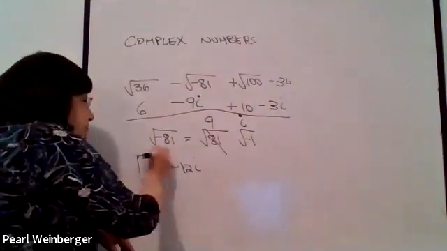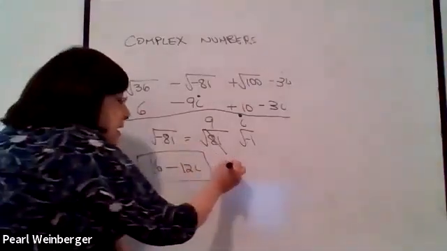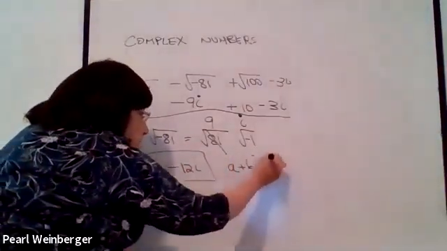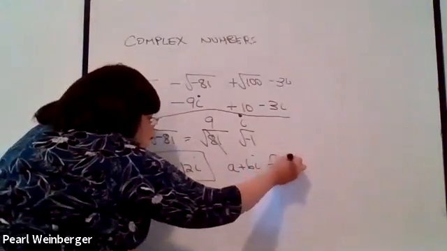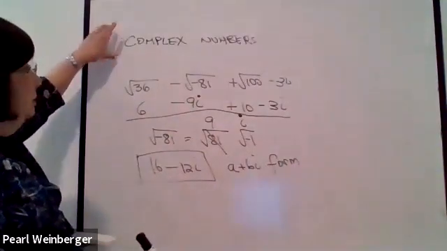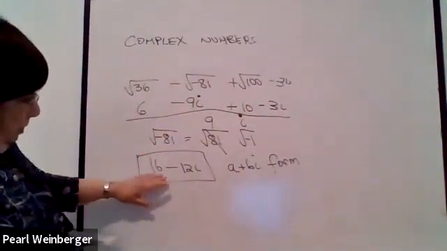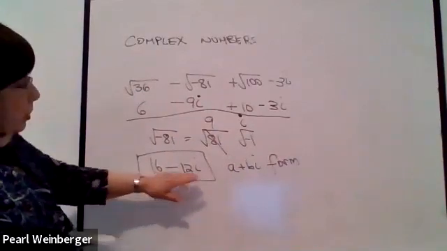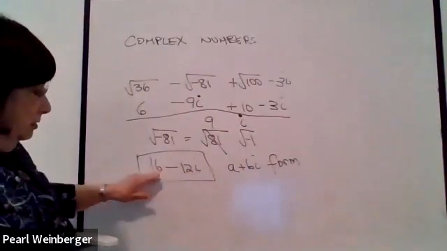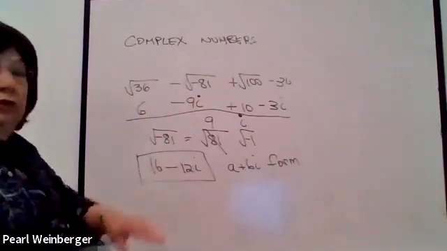This is the type of numbers that you see. They're called numbers in a plus bi form. Those are the type of numbers you often see in the complex numbers, where you have a combination of a real number, a number that doesn't have an i, with a number that does have an i. You cannot combine these because they're not like terms. You have to leave it 16 minus 12i.